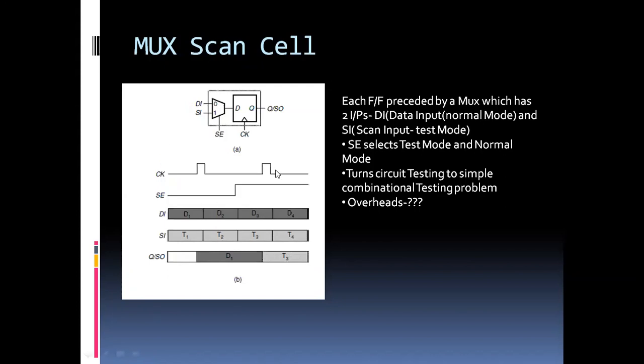So this waveform is going to tell me how it is going to work. This is an edge triggered flip-flop. It is going to work on the rising edge, that is transition of 0 to 1. Let's say initially my select line is 0. When the select line is 0, it means my data input line is connected to the input of my flip-flop, so at that time my data is changing.